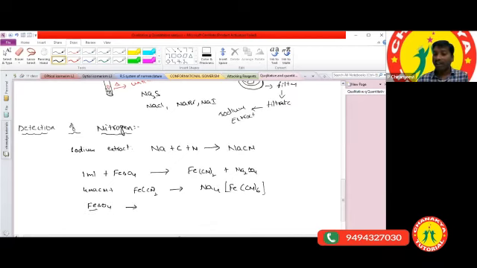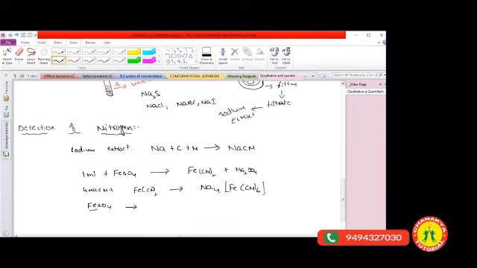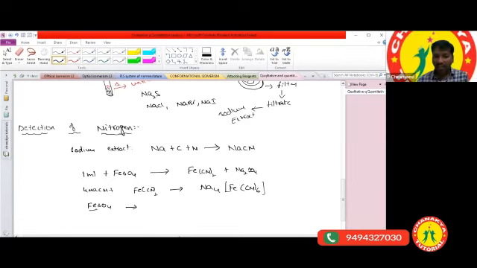What is the oxidation state of the iron in ferrous sulfate? Tanish, Aditi, Sriveda or Samhita? +2, sir. Very good. So the oxidation state of the iron in ferrous sulfate is +2. Ferrous ions are converted into ferric ions.